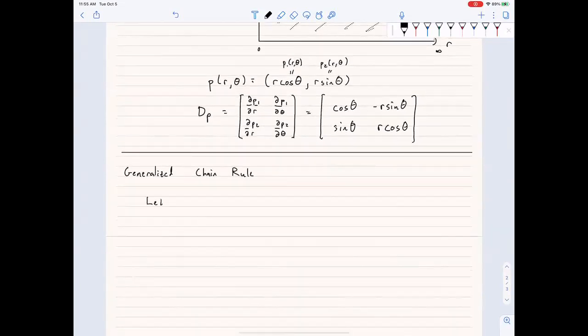So let's let G, we'll use the same kind of notation that we had before, be a function from Rn to Rm, differentiable at a point A. And now A is a point in Rn, so it's got coordinates.